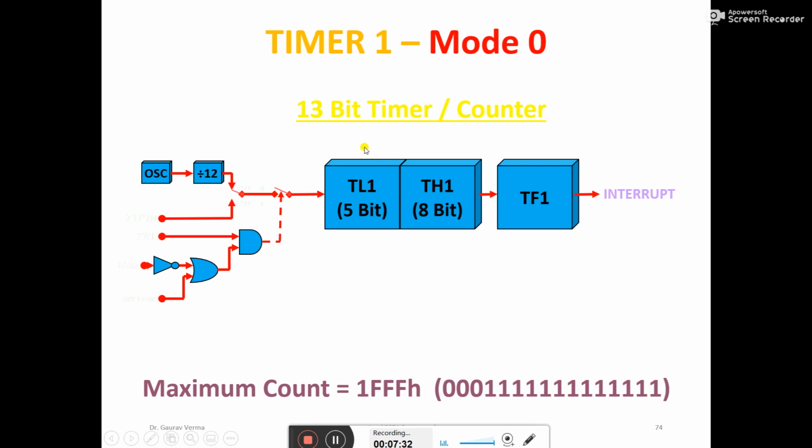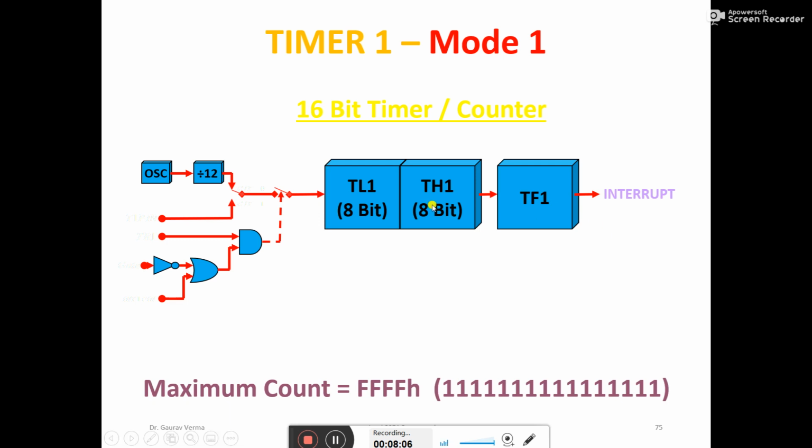Mode 0 is 13-bit, so 5 bits are there and 8 bits are there. When all these 8 bits get high, then the 5-bit part becomes 1. Likewise it works. If you have any problem regarding the 13-bit mode, I can solve it in the interaction class. TF1 is the timer flag 1, and an interrupt is generated after that.